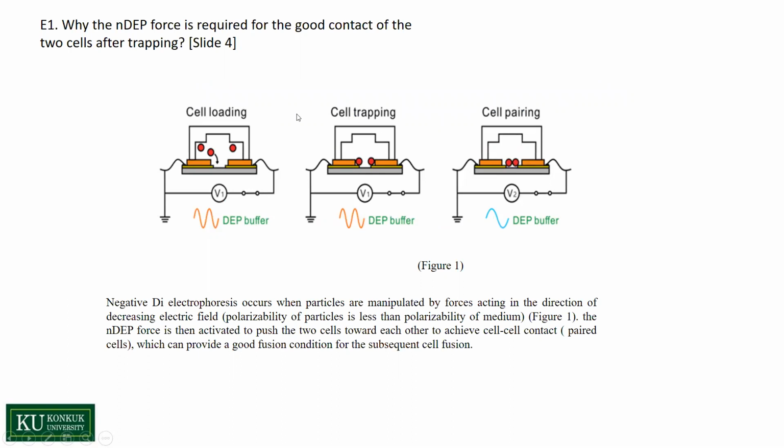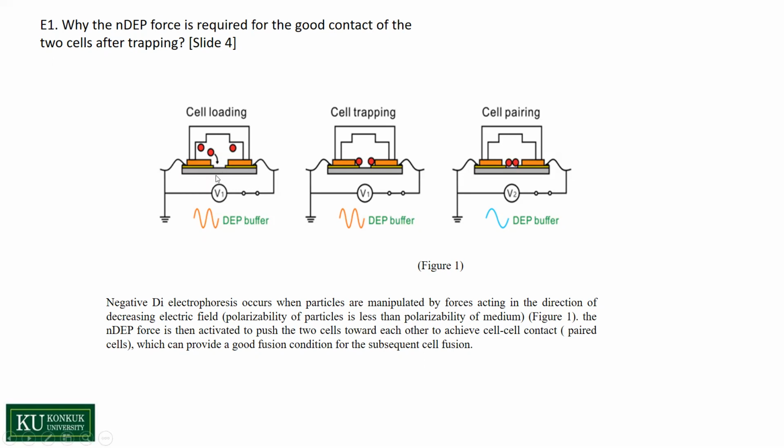In the first question, I am asked why the negative DEP force is required for good contact of the two cells after trapping. I previously described for the cell loading, first the positive dielectrophoresis force is applied with high frequency AC signals.